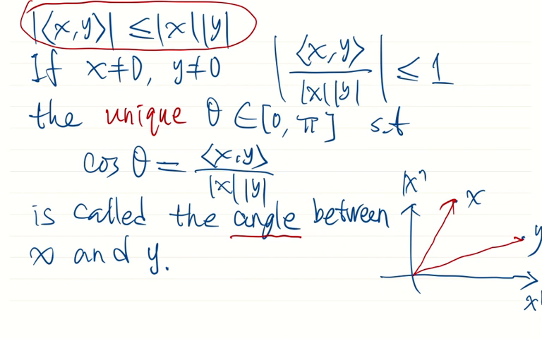That is vectors. We can identify the point in Rn with the vector from the origin to that point. Then the theta we defined is the angle between these two arrows. So this is quite geometric.